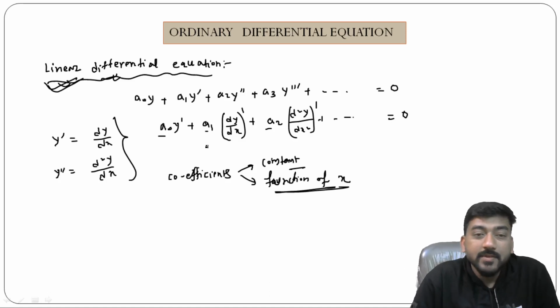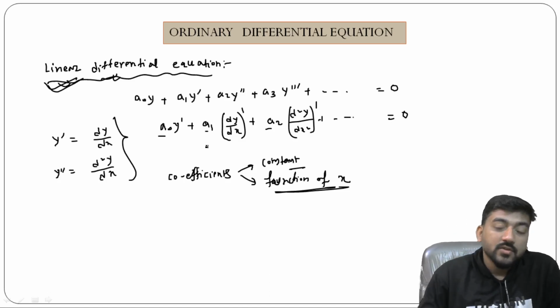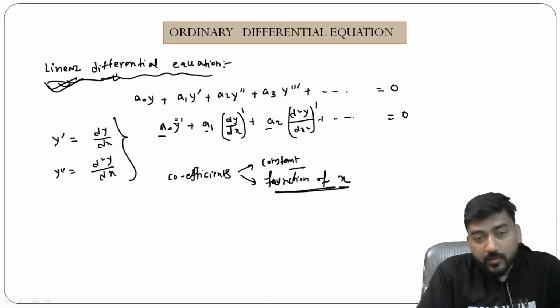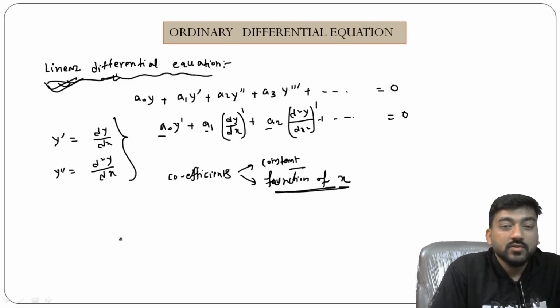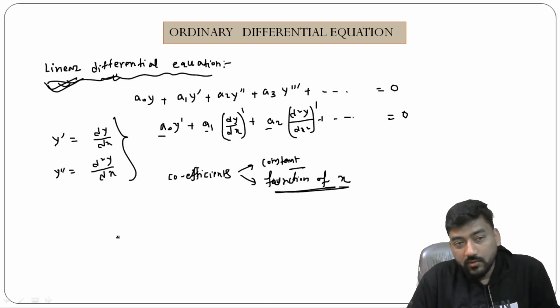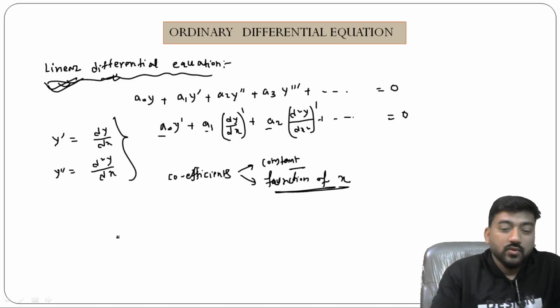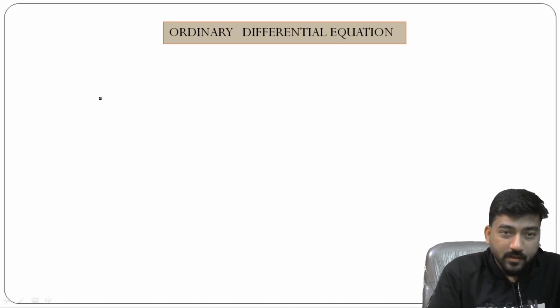But first let me talk about the linear differential equation with constant coefficients. Before that, let me give you some examples of nonlinear differential equations also, so you know how nonlinear equations look.